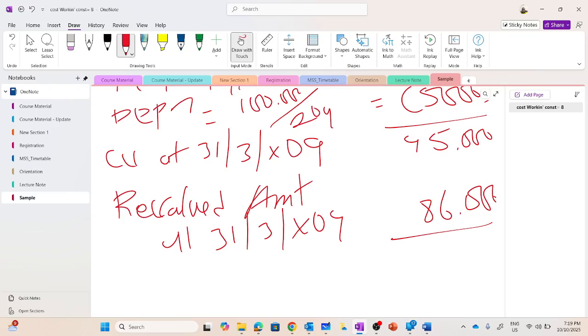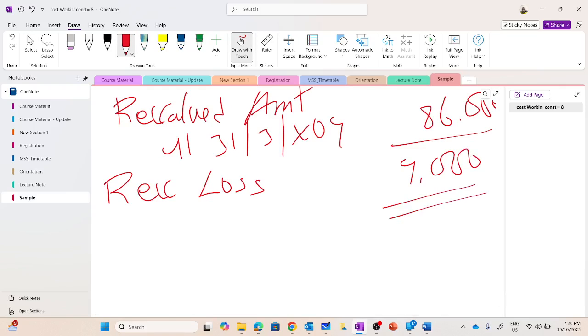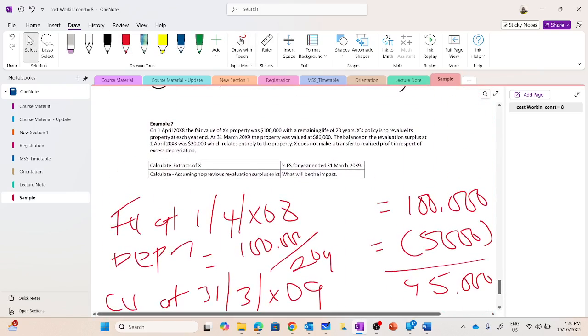Based on this calculation, we have a revaluation loss of 95,000 minus 86,000, a loss of 9,000. So let's take a look at the question further. That will be the basis on which we are going to treat this particular revaluation loss.